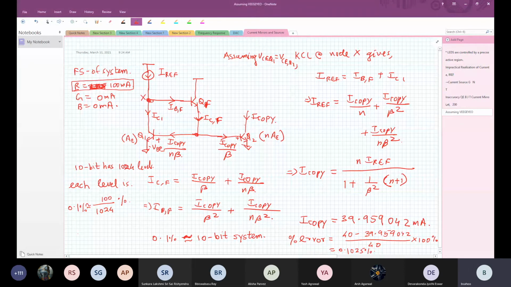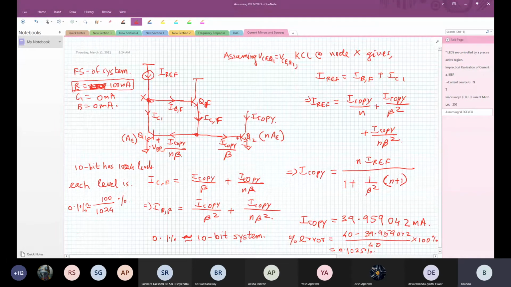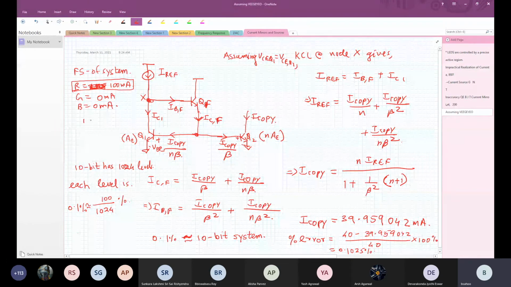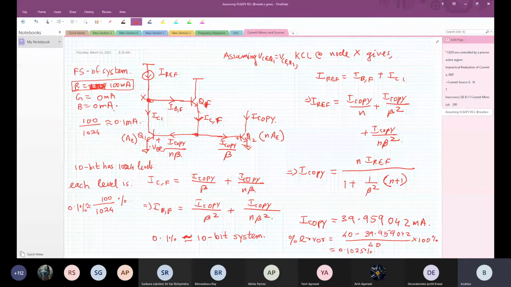Now I want to see really fine grains, different shades of red light. If I use a 10-bit system, this 100 milliamps will be divided by 1024, which will be roughly 0.1 milliamps. So when 0.1 milliamp flows through the LED, I'll see a faint light. At 0.2, I see a little brighter, like 0.3 milliamp, and like that it will keep on going.